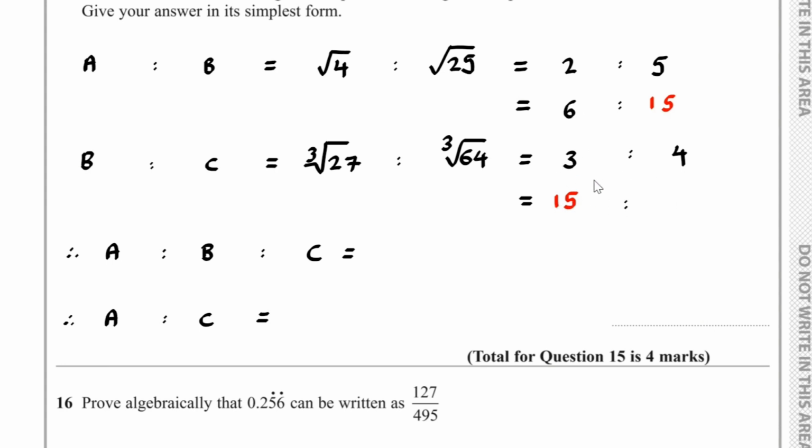To go from 3 to 15, I times by 5. 4 times 5 is 20. So I have 6 to 15 to 20 as the ratio A to B to C. And therefore the ratio A to C is 6 to 20. In its simplest form, we have 3 to 10.